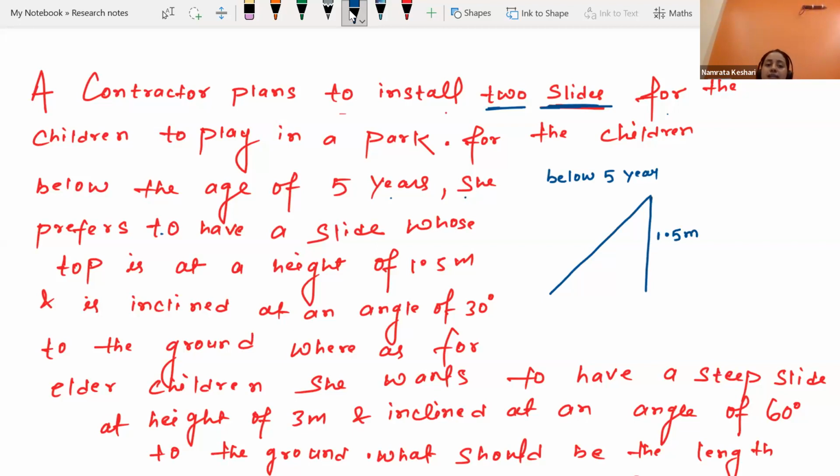Is it making sense so far? Yes, ma'am. Okay. And is inclined, just a second.